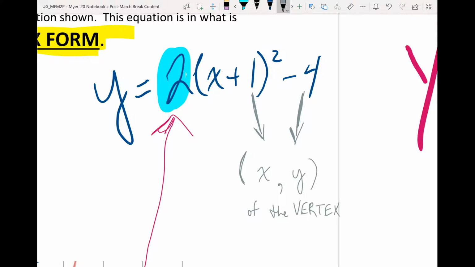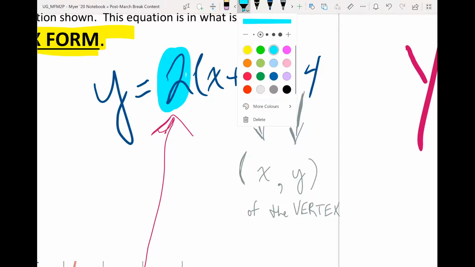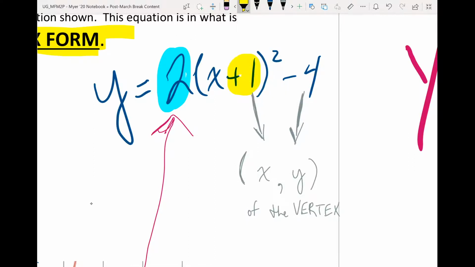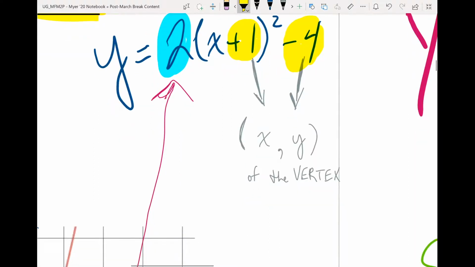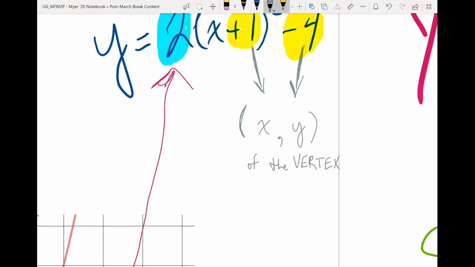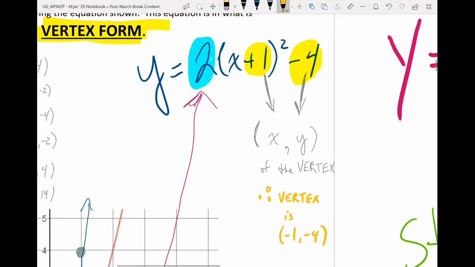So what's happening here is the +1 and the -4, in our example, we could say, based on that, the vertex is -1, -4. And what's happening is the +1, the value is always the opposite. So I'm going to write that in small letters.